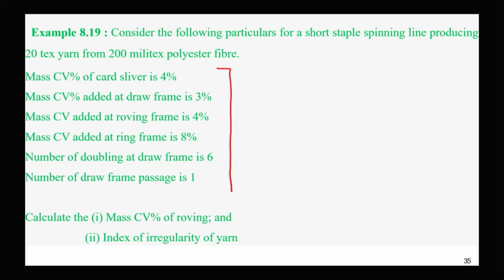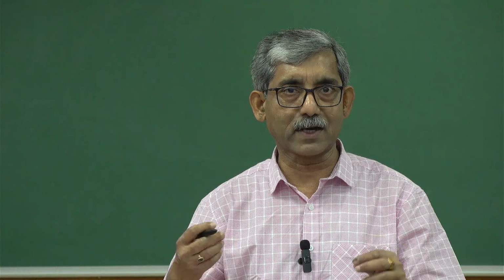Either the addition will be more somewhere, or the number of fibers will be less, so that the CV actual must be more than the CV limit, and we get an index of irregularity of more than 1. If we get index of irregularity less than 1, we have to see whether we are getting all the correct data or not.